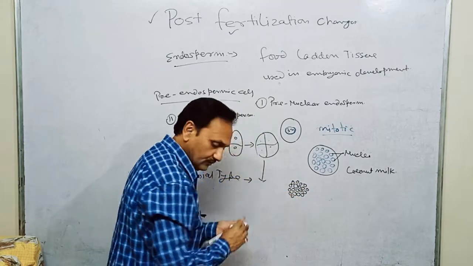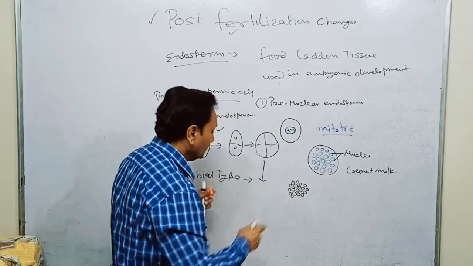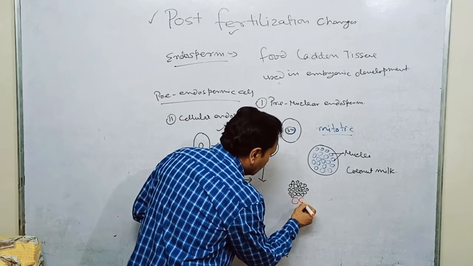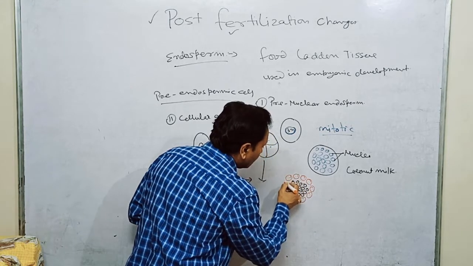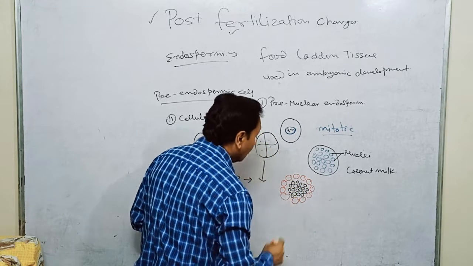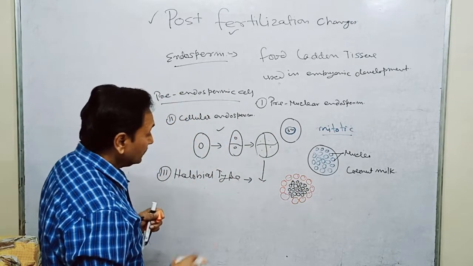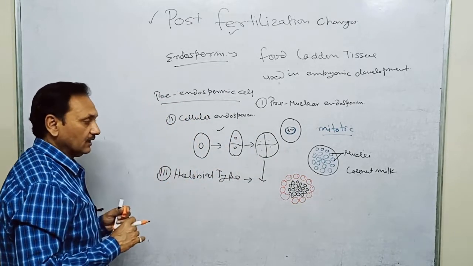After that, it is surrounded by cells having cytoplasm and a well developed cell wall.